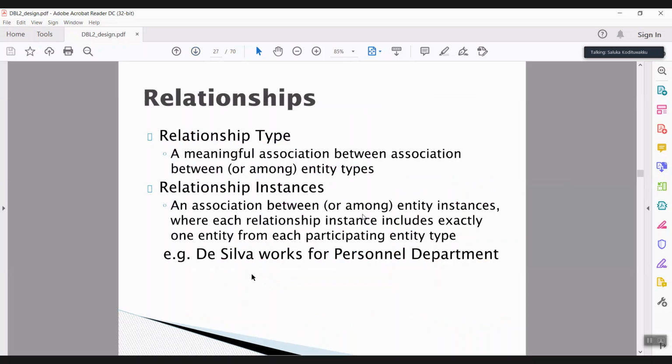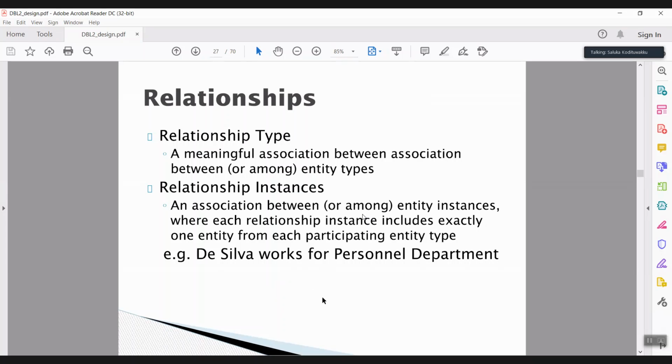And then there are different types of relationships, known as unary relationships, binary relationships, and ternary relationships. A relationship is basically an association between one or more entity types, that is, entities.